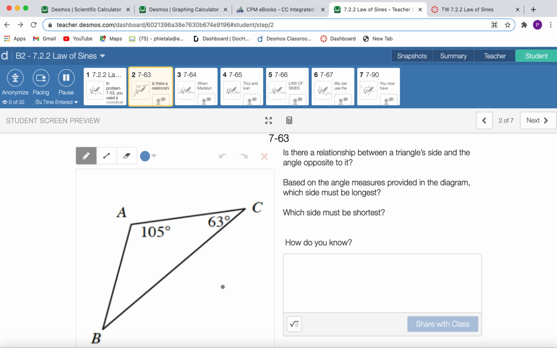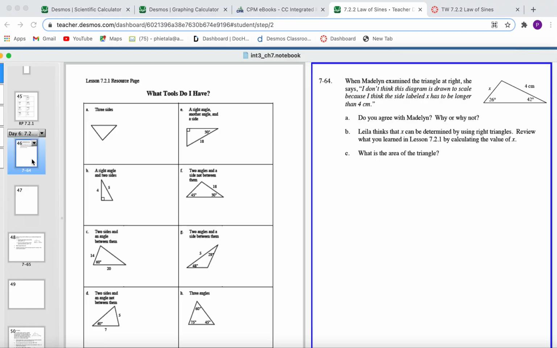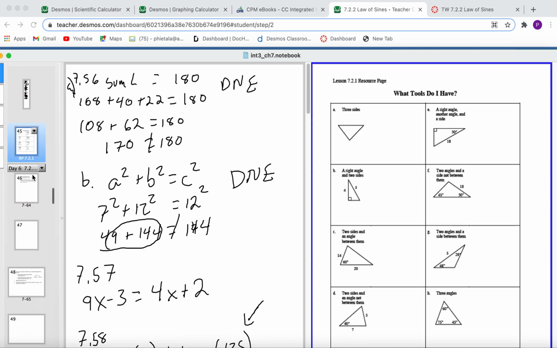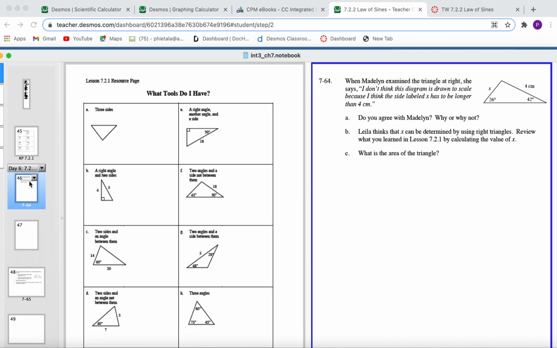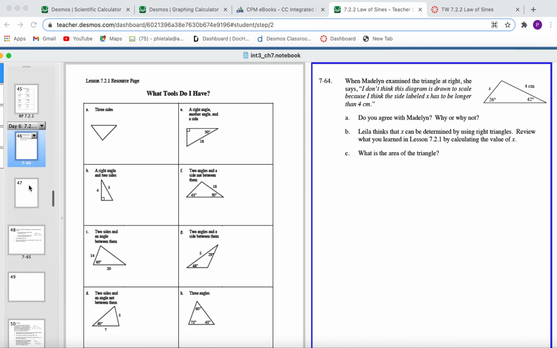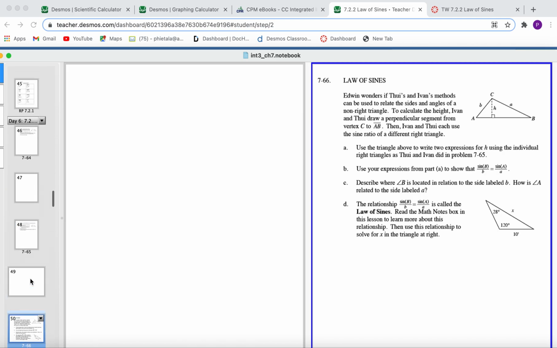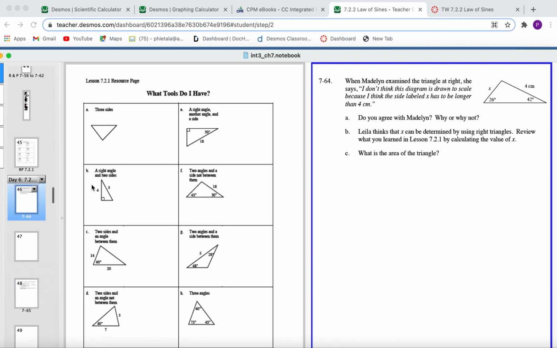So in 763 here, I don't know why I don't have a 763. 764. So funny. Okay, I'll do 763 on the other page.